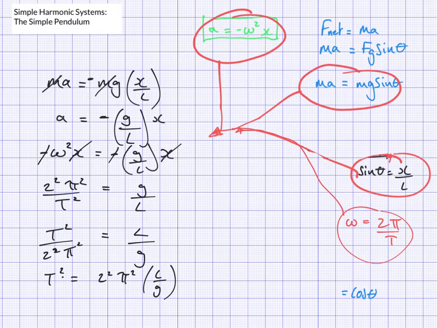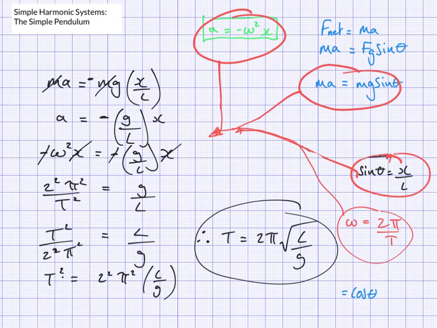And now what I can do is just square root everything. And that means I'm left with the formula T is equal to 2 pi square root of L over g.